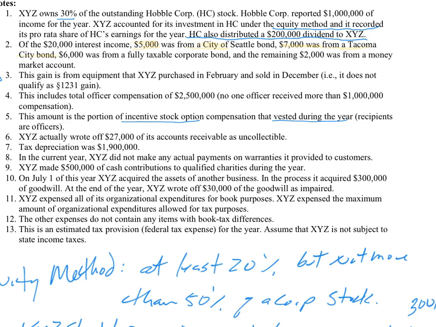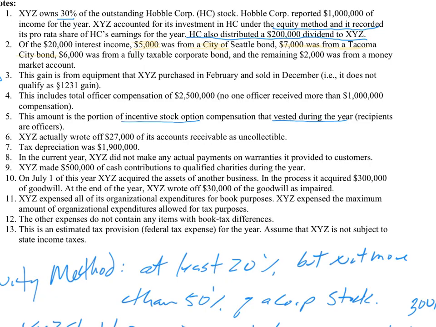All right, and we're going to talk more about stock options in class. But incentive stock options, you're allowed to, for book purposes, expense the amount that is vested each year.